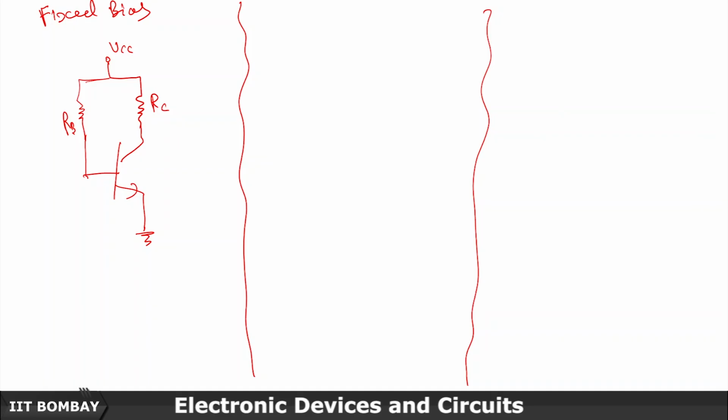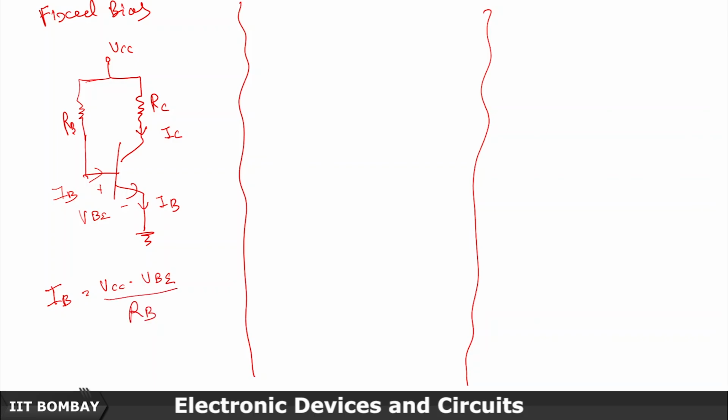Okay, I am not interested at this stage in the AC one. So this is VBE, this is IB, this is my IC, this is IB. So here the current IB is simply VCC minus VBE divided by RB.